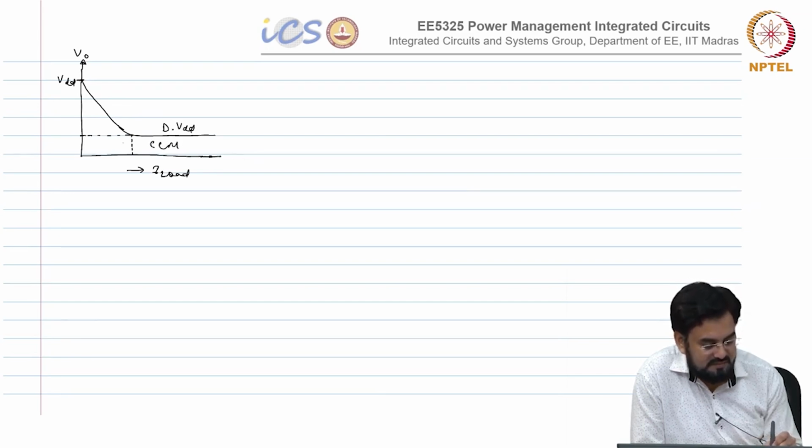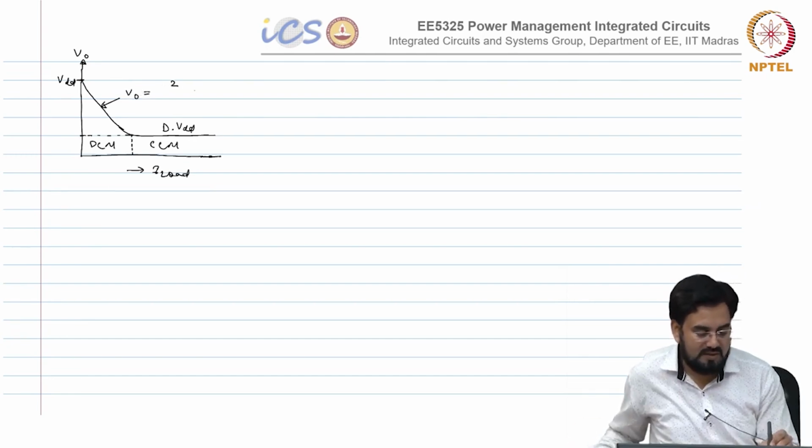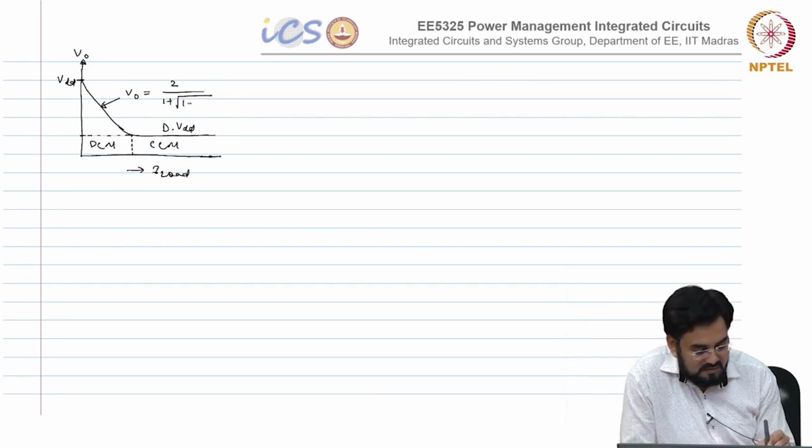This is your CCM and this is your DCM, and this curve will follow what? V out equal to 2 over 1 plus square root of 1 plus 4k over d square into VDD.